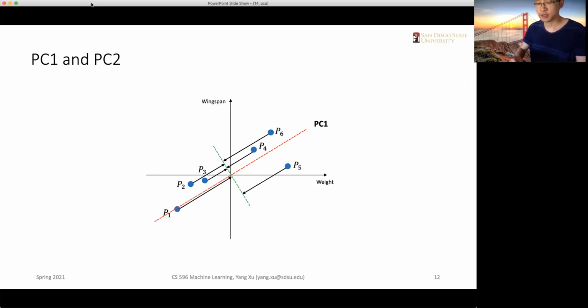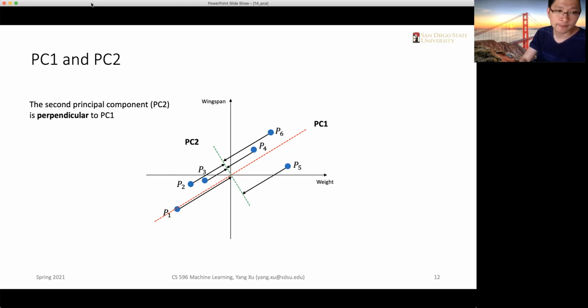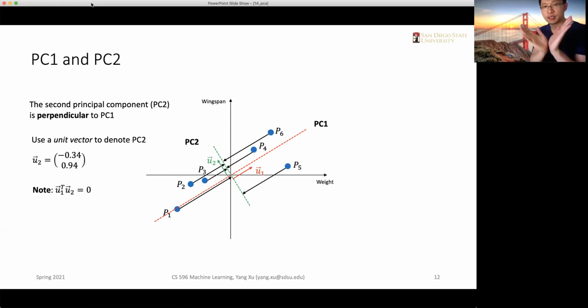If we look at the projections onto PC2, the total variance would be much smaller than for PC1. It's perpendicular to PC1, and it's also a unit vector. In this case, the unit vector U2 is perpendicular to U1. If we compute the dot product between U1 and U2, we will find 0. That is how PC1 and PC2 look in this case.